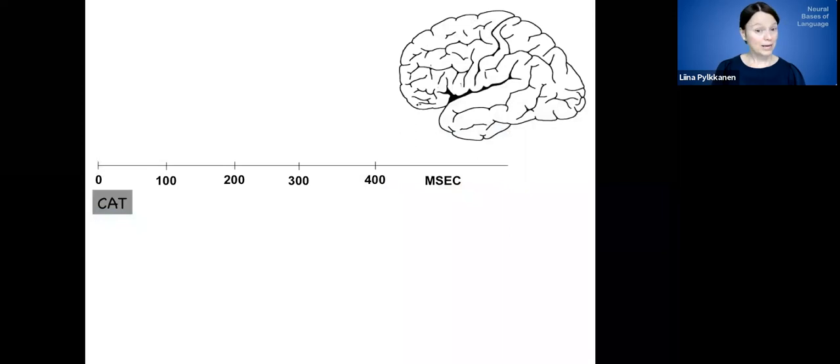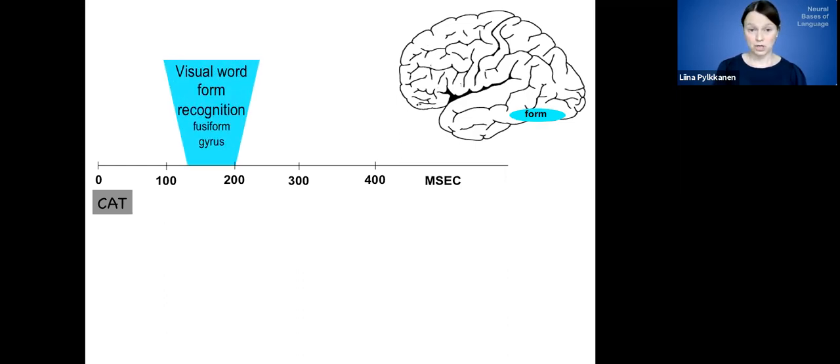Okay, so here's your brain, and here's your visual stimulus, cat. Got to stay faithful to our favorite word. And let's assume that that word is in a combinatoric context, so you're reading it in the middle of some expression. How does your brain handle this stimulus? Well, we've learned about the visual word form area, so that's in the left hemisphere in your fusiform gyrus.